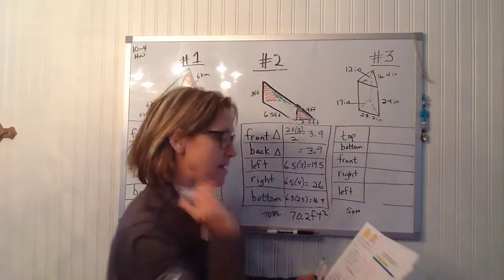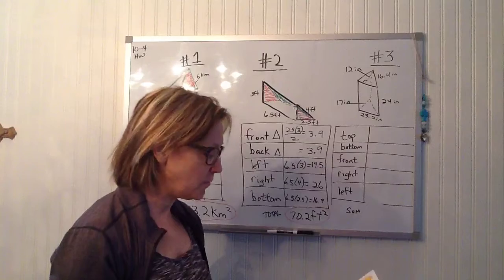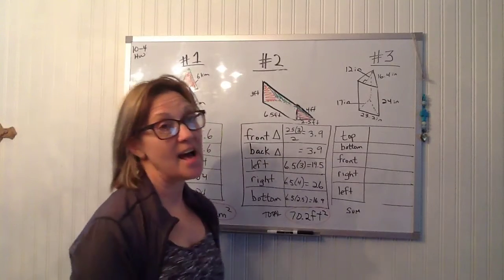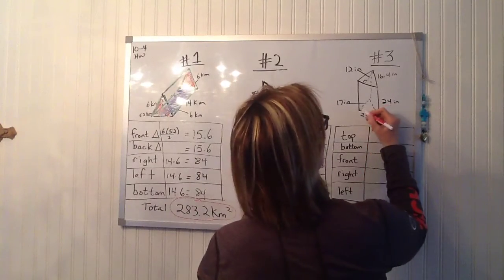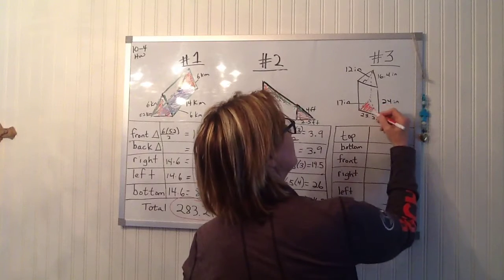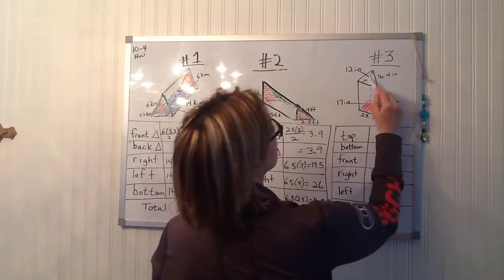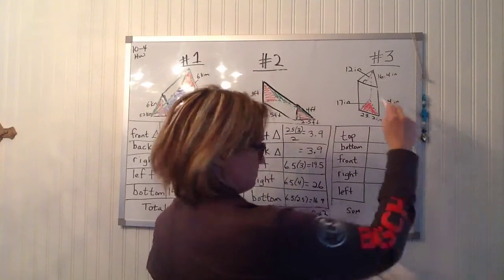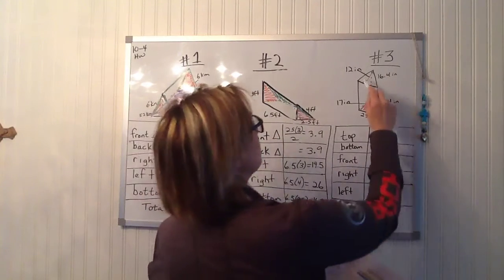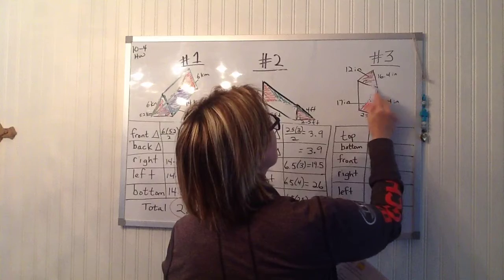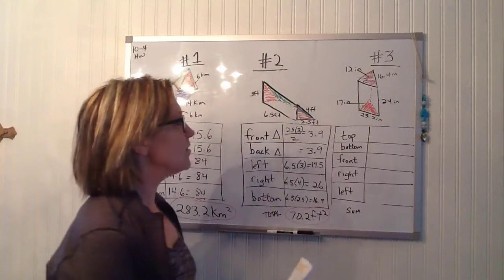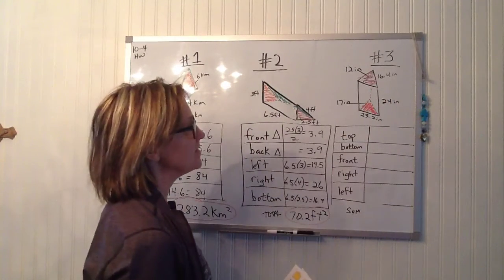Okay, so let's step back and take a look and see what we have here. I'm going to highlight our triangles. Those will be congruent, which means they'll have the exact same measurement. Yeah, this whole thing is the triangle here. All right, so the top and bottom triangles are the same.